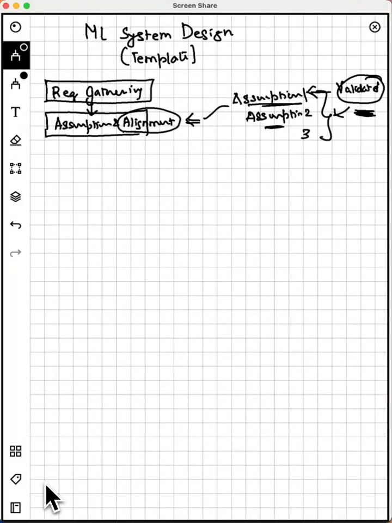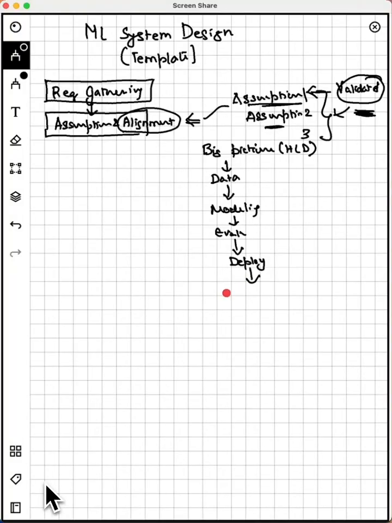So you can tell the interviewer that next I'm going to be focusing on the big picture, also called high level design, followed by some data gathering step, and then we'll move into modeling, evaluation, deployment, and then we will also think about a few bottlenecks.